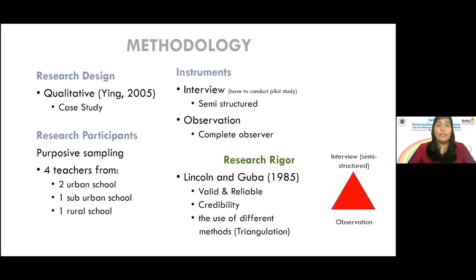They have at least 5 years of working experience, and they are in their late 20s up to late 30s. So that is the age group that we want, because we don't want the teacher's age to be a defining factor on how effective or not effective this research is. The instruments that we used were interviews.